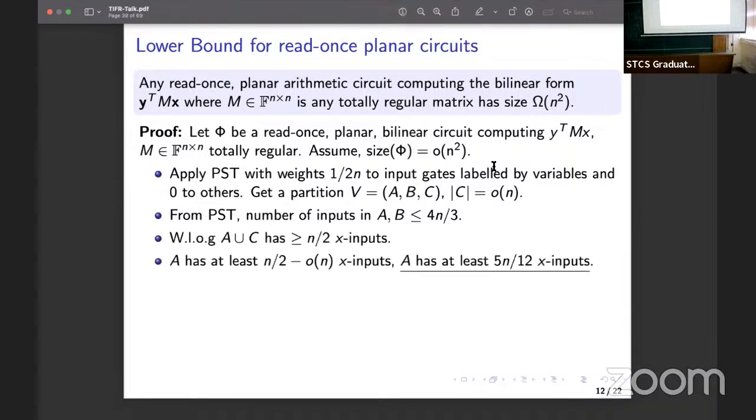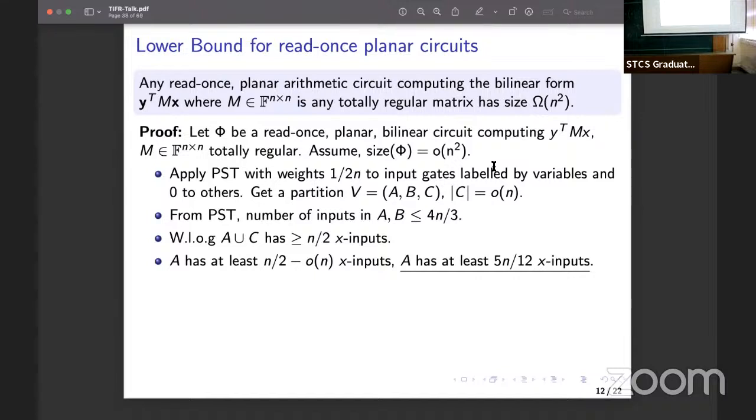If you look at A, B, C, it's a graph; the underlying thing was a circuit, with things like x1, y1, and some product fed into another product. If you look at A union C or A union B, one of them needs to have at least n by 2 x inputs, because there are n x variables in total.